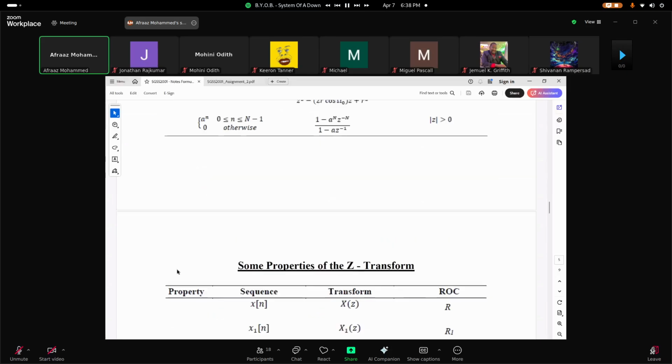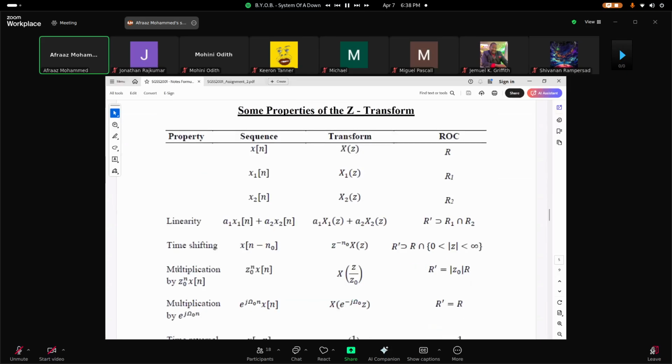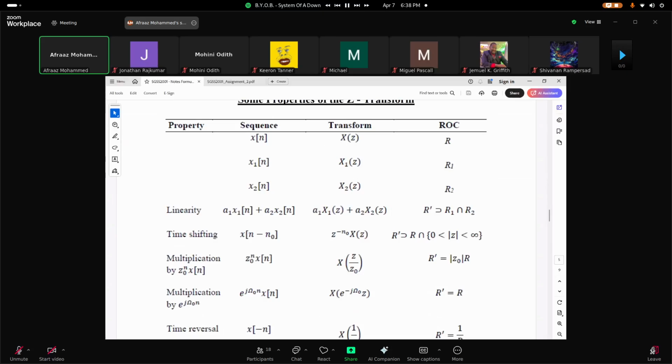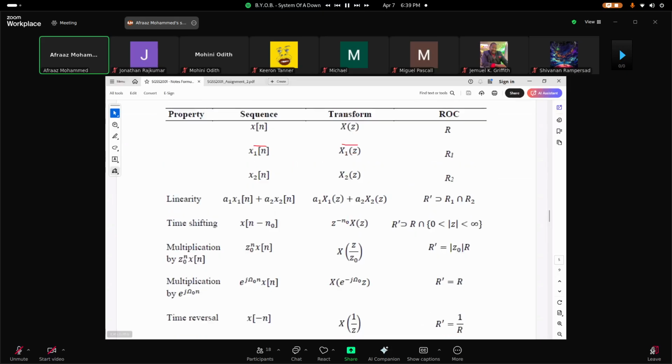Then on the properties, x of n transforms to capital X of z, and similarly y of n gives you capital Y of z. Okay, so that is Z and Laplace.